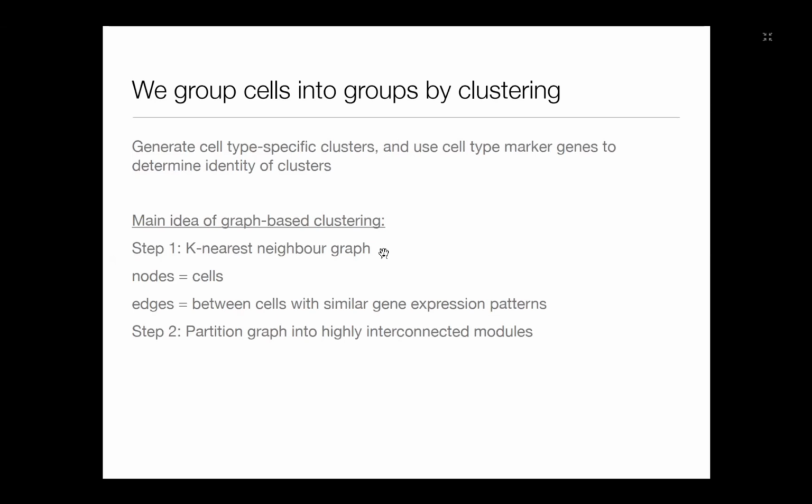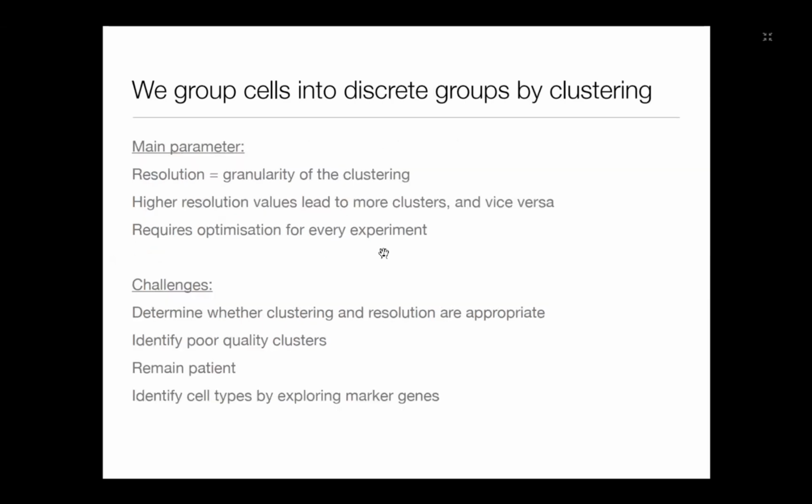So it's a connected graph. And then in there, we look for highly connected modules. Those are the clusters we're looking for. Again, we have parameters that influence the clustering. Maybe the most important one is the resolution, which determines the granularity of the clustering. A higher resolution value leads to more clusters and vice versa. And you need to optimize this for every experiment, for every analysis.